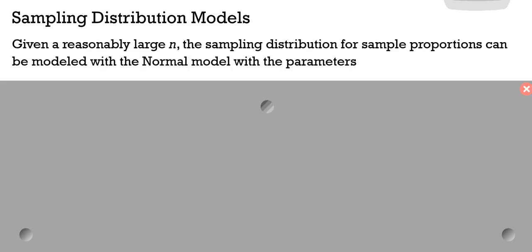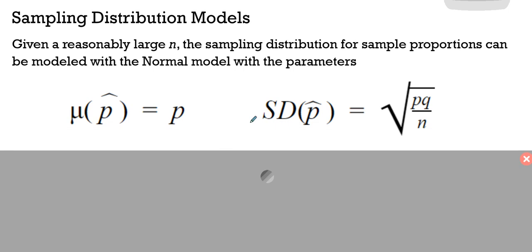Okay, well that must be handy. Given a reasonably large n, the sampling distribution for sample proportions can be modeled with the normal model with the given parameters. Now this is all in your formula sheet, so that's good. We don't necessarily have to memorize this, but it is important that we understand it. The mean of the sample proportions, the center of our histogram for all those sample proportions, is going to be the same as the population proportion.